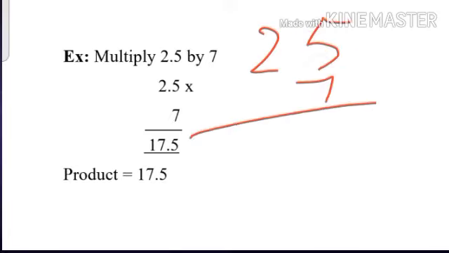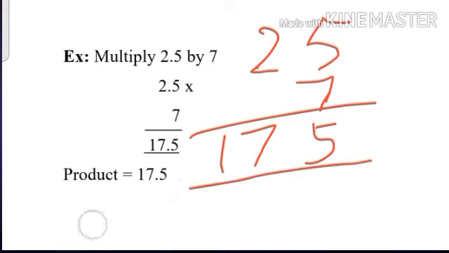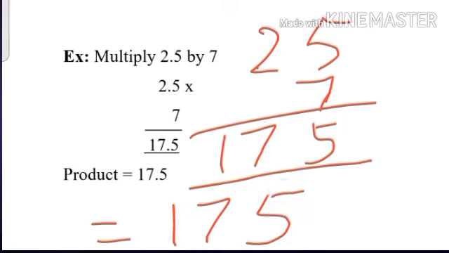You can multiply as it is. 7 5s are 35, 5, we have a 3 as a remainder, 7 2s are 14, 14 plus 3 is 17. Yes, this is the answer. So when you are writing the answer, we can write 175.